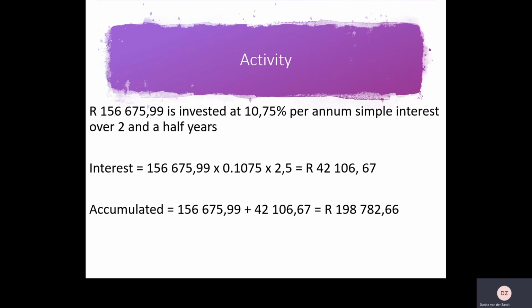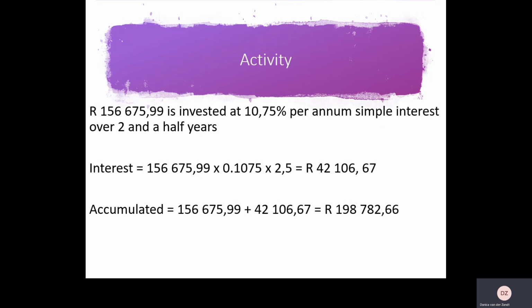Again, I chose the decimal 0.1075 at 2.5 years, or 2½ if you wanted to do the fraction. But be careful, because if you have a Casio, the Casio does not see a mixed fraction the way it should. So rather convert it to the decimal. So that's probably why you got a wrong answer.